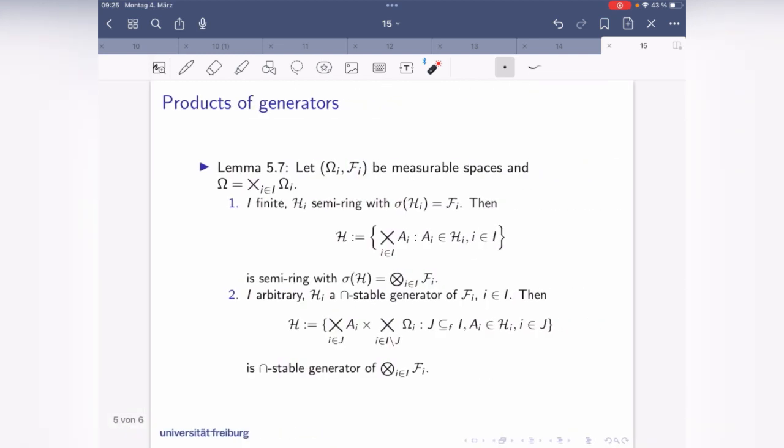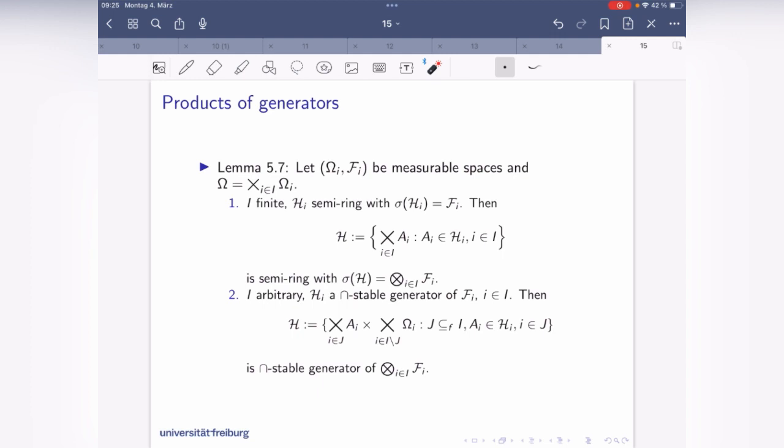And, well, you remember we also had generators for sigma algebras, and that's what comes here. We used to work with semi-rings, and that's not different here for the product spaces. And there's a general statement here which we will use for semi-rings.